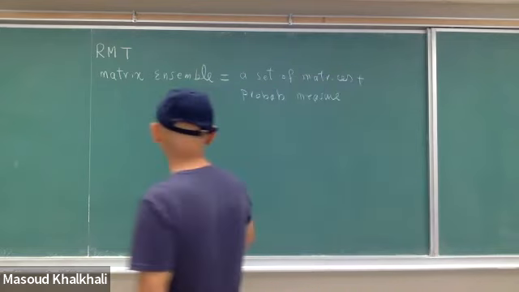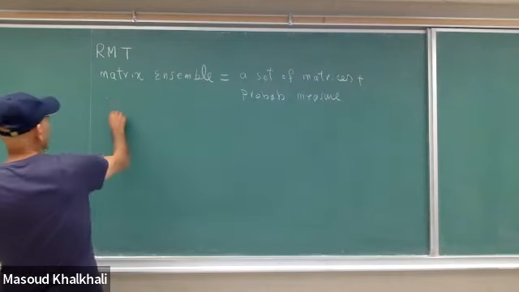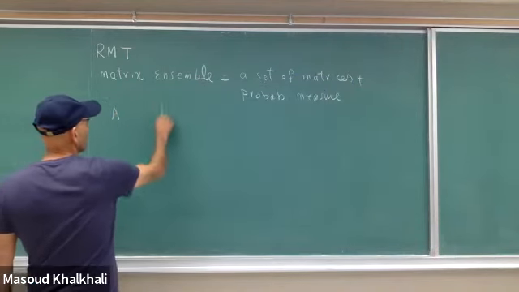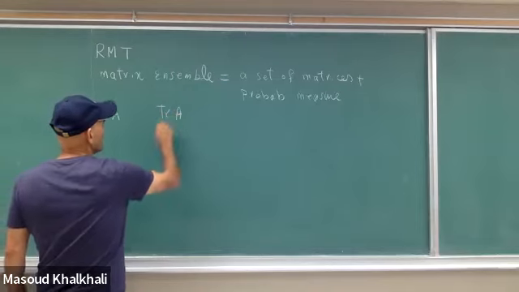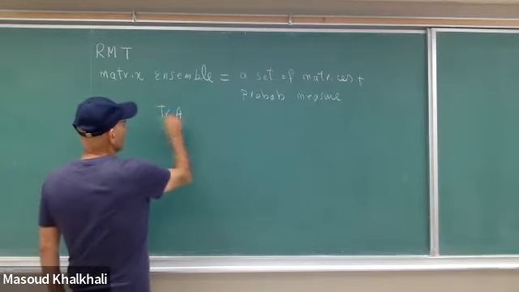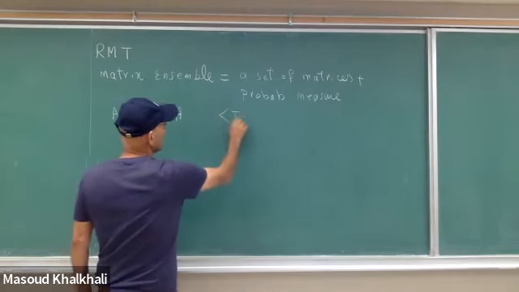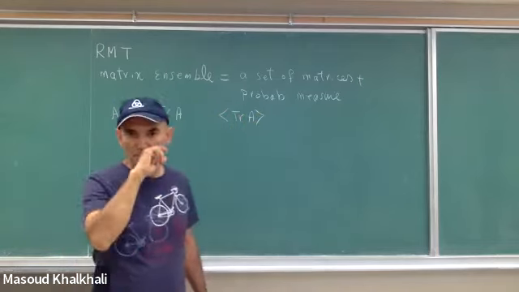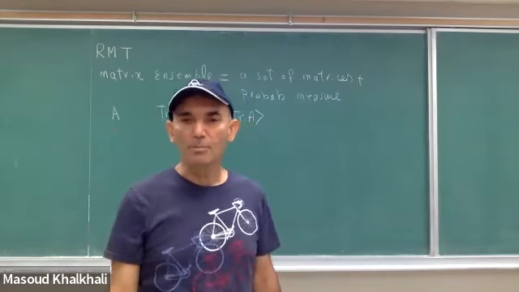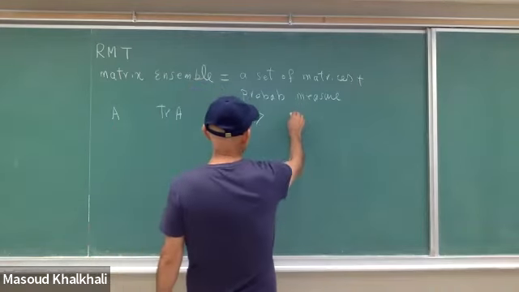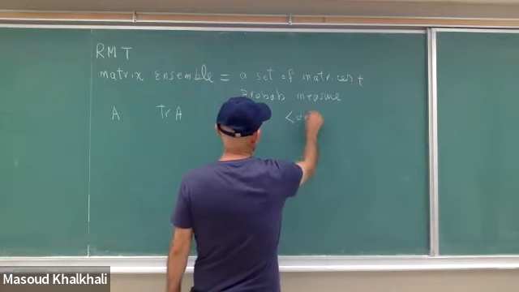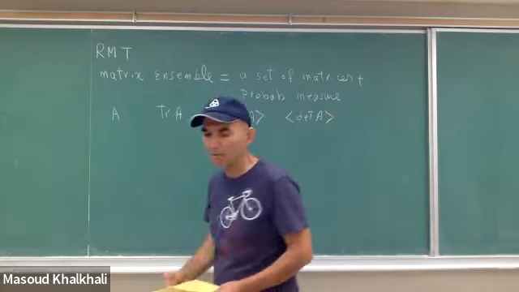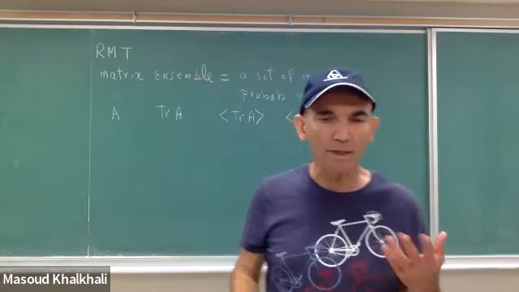For example, if your matrix A belongs to your ensemble, then you have some random variable like the trace of A. From here, you can study the expectation value of your random matrix. This is often a very interesting problem. Or you can look at the expectation value of the determinant of A. These are just the most elementary things you can think of.